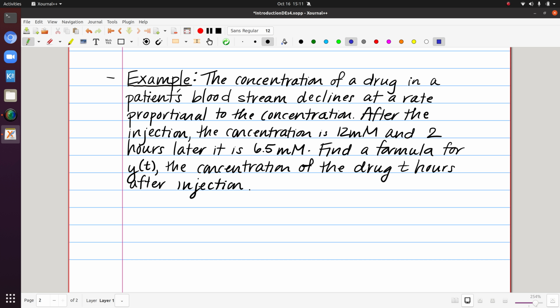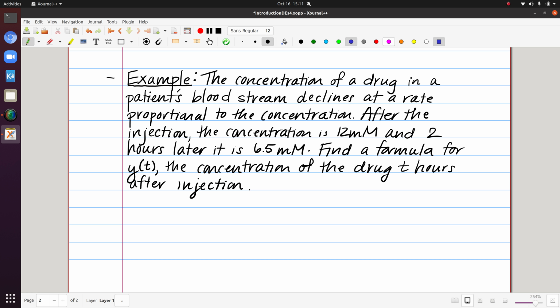We're told the concentration of a drug in a patient's bloodstream declines at a rate proportional to the concentration. After the injection, the concentration is 12, and 2 hours later, it is 6.5. So we want to find a formula for y of t, which we're going to use to represent the concentration of this drug t hours after injection.